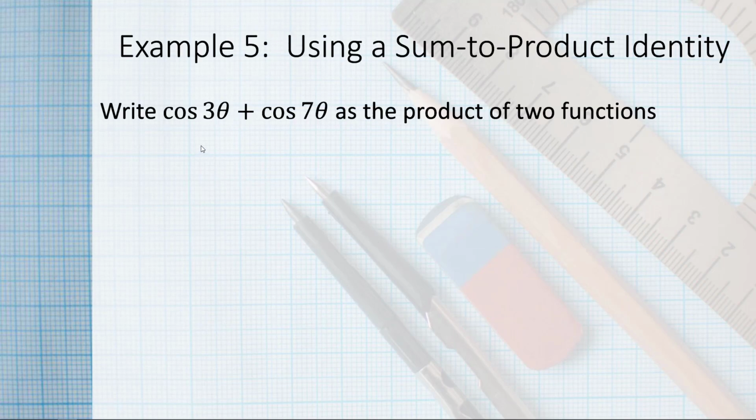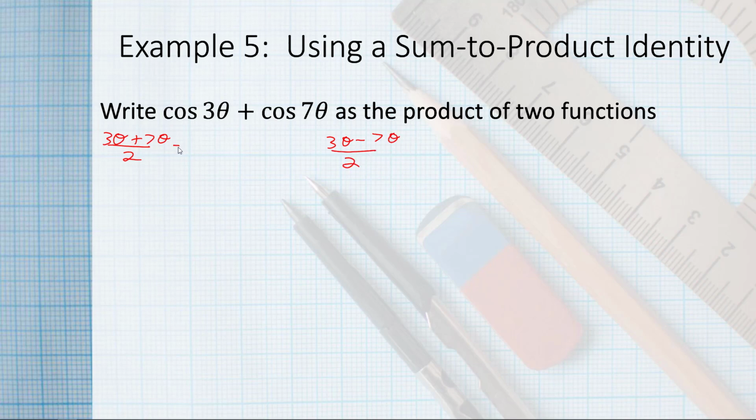Here we want to write the cosine of 3 theta plus the cosine of 7 theta as the product of two functions. Well, before we do that, let's compute (3 theta plus 7 theta) over 2 and (3 theta minus 7 theta) divided by 2.